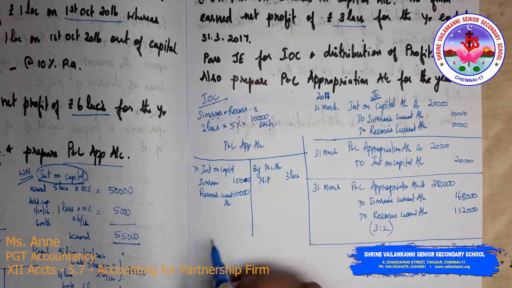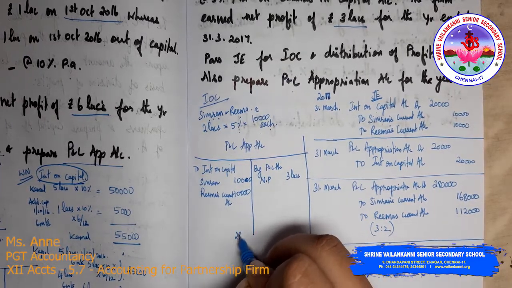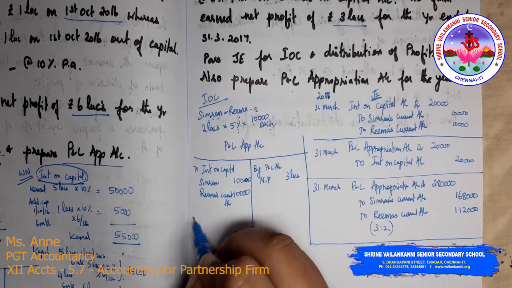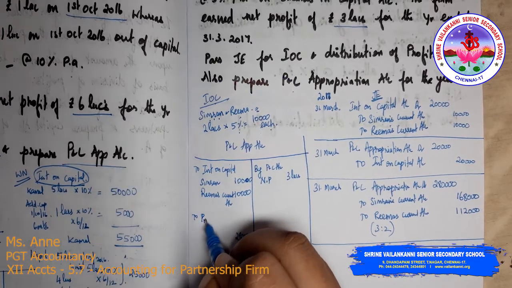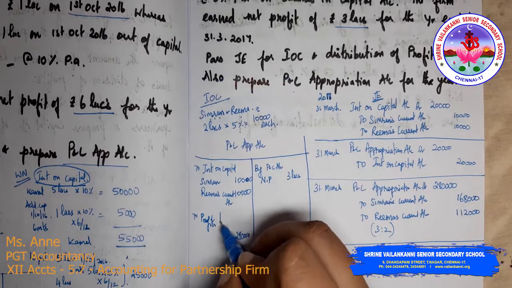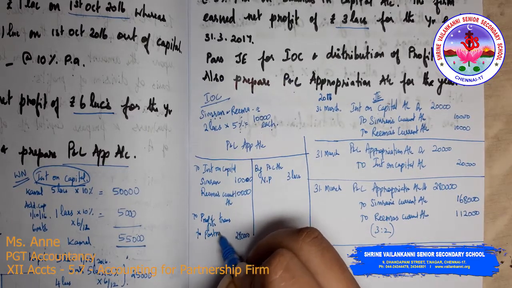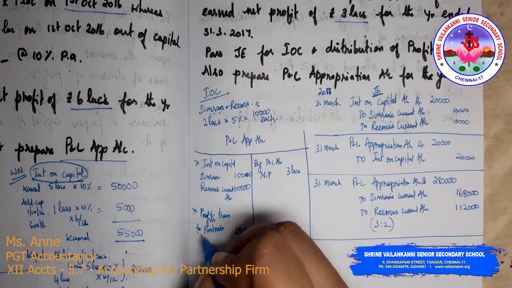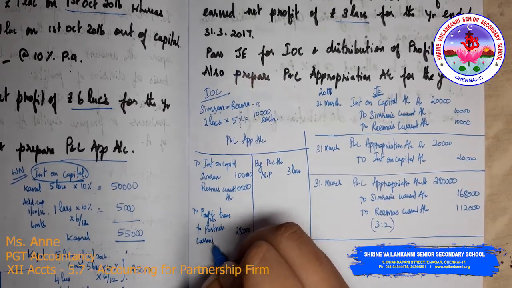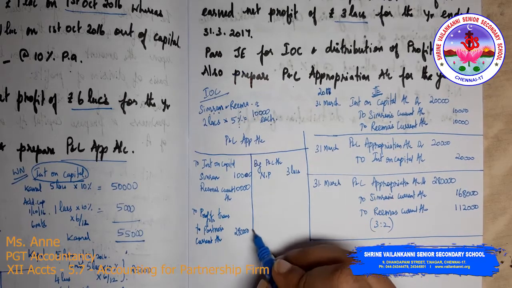So if you minus, what is available is 2,80,000. That needs to be divided. That is the profit transferred to partners' current account. Am I right? So how will you transfer?